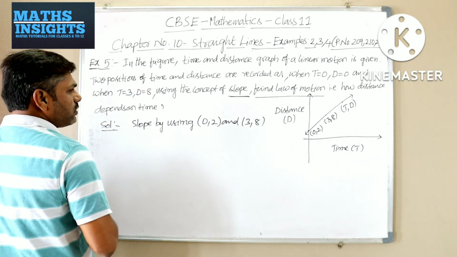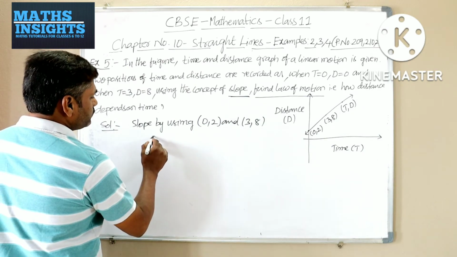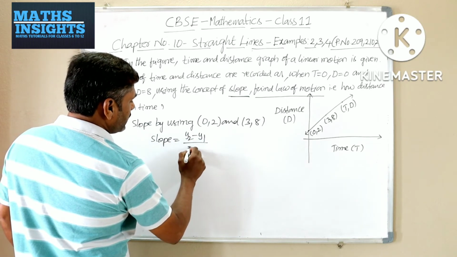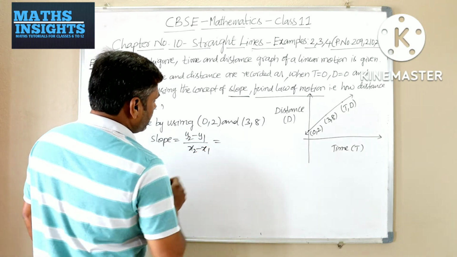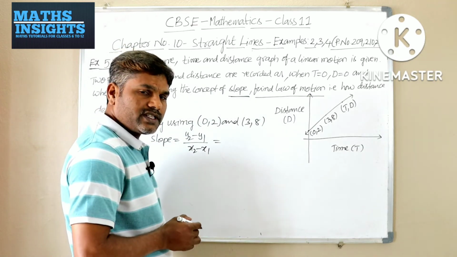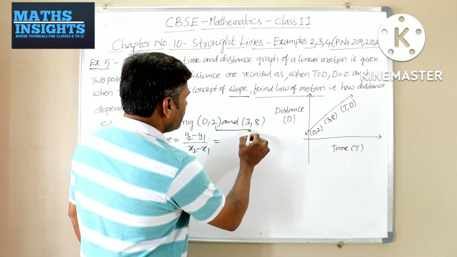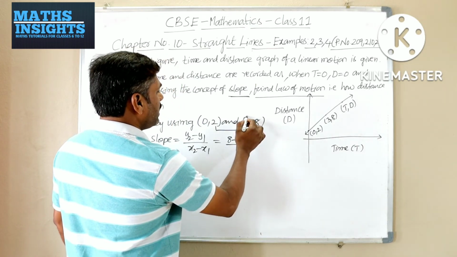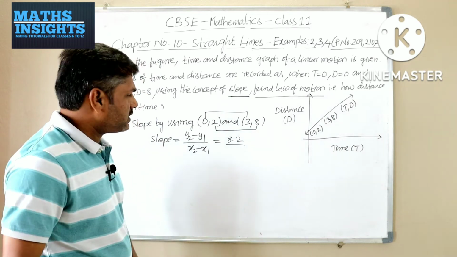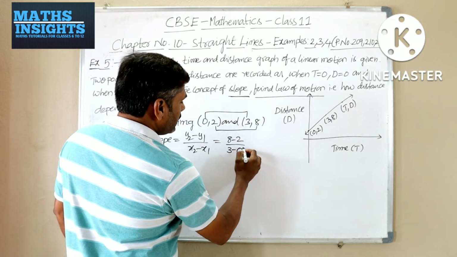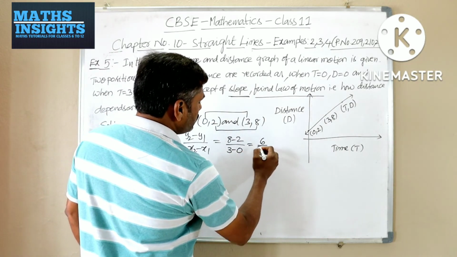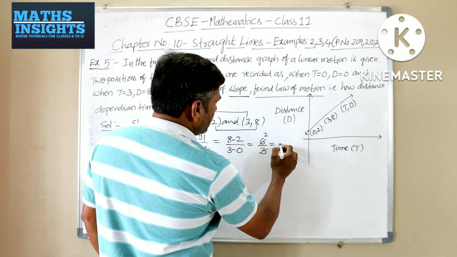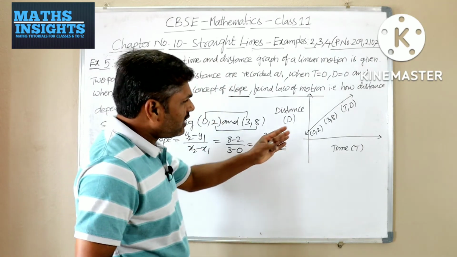Slope is equal to y2 minus y1 by x2 minus x1, that is the difference of y coordinates, 8 minus 2, by the difference of x coordinates, 3 minus 0. That is equal to 6 by 3, which is 2. So the slope of this line is 2.